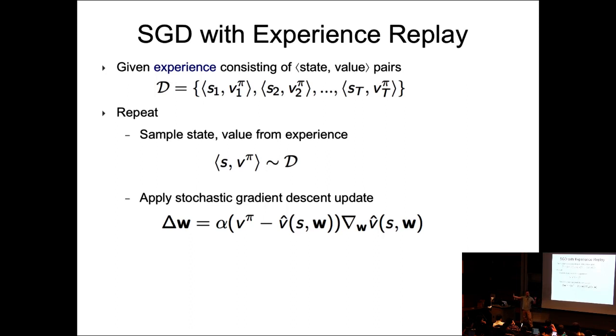And now if you're doing gradient descent, you're taking the first one, you're updating, you're taking the second one, you're updating, you're taking the third one, you're updating, and so forth. The issue with doing this in general is that S1 and S2 will be very highly correlated, right? Because in many cases, in a particular state, I take an action, and my state is not going to change that much, right?